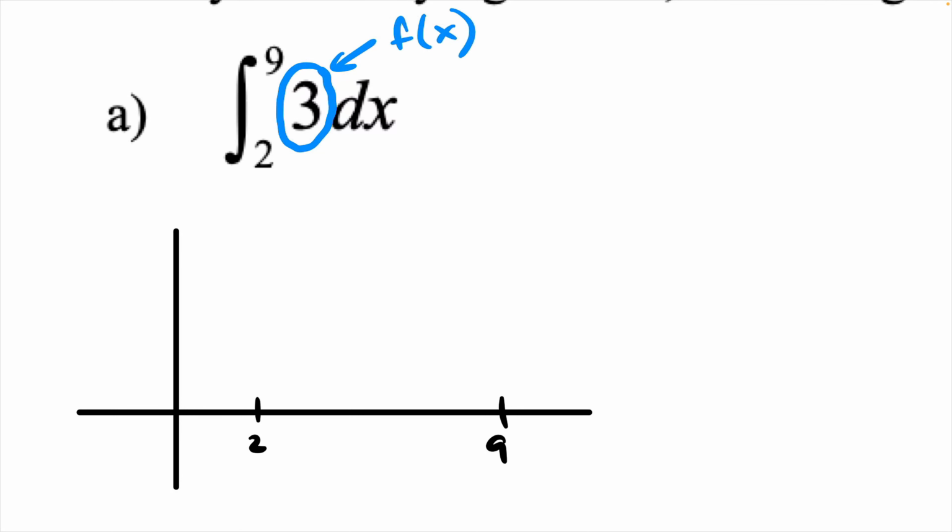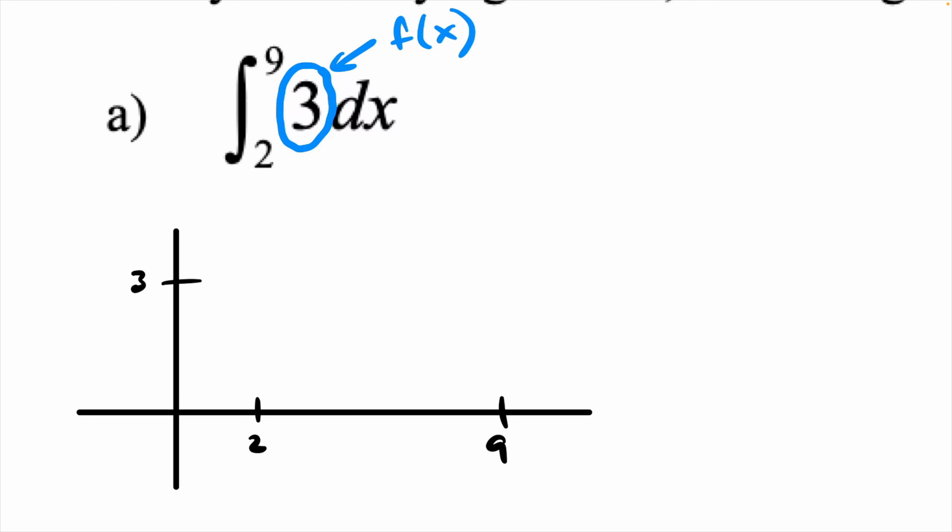How do I draw f of x equals 3? Or how do I draw 3 as a function? Just 3. No 3x, no 3x squared, just 3. Straight line at y equals 3, just like that.